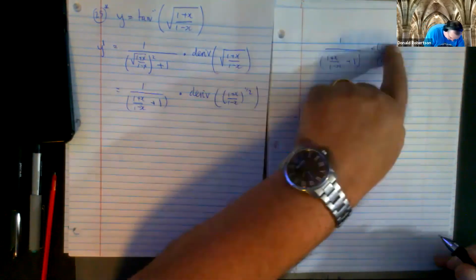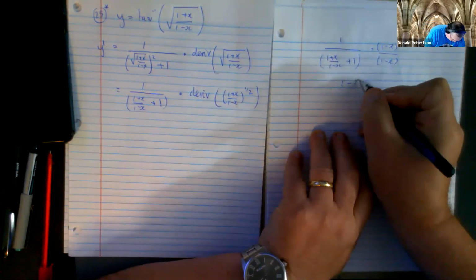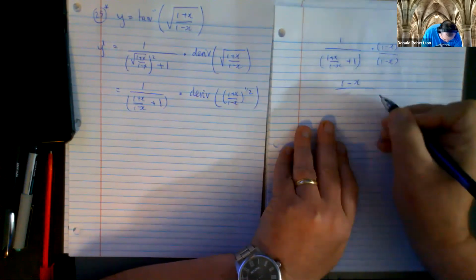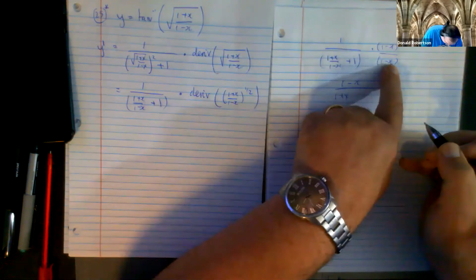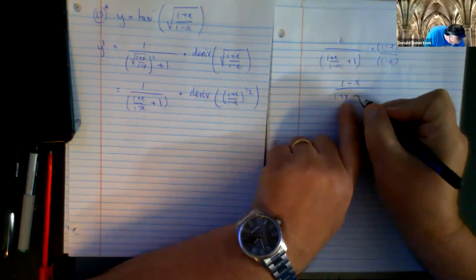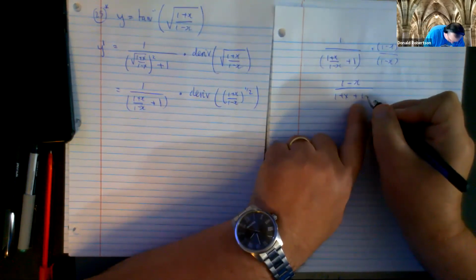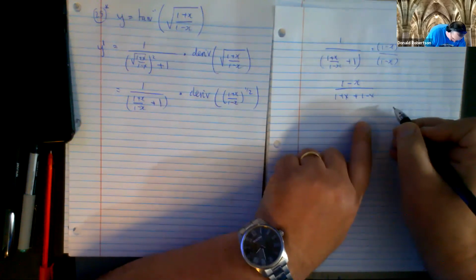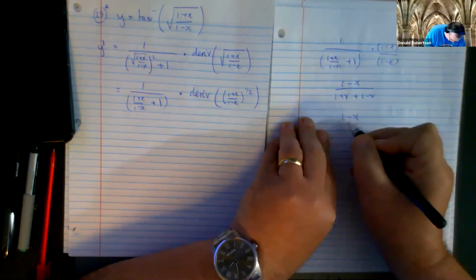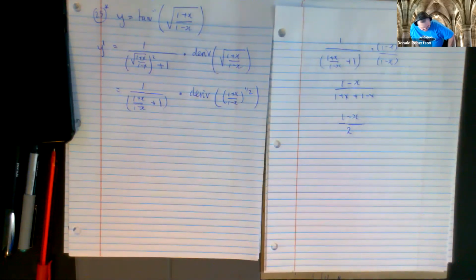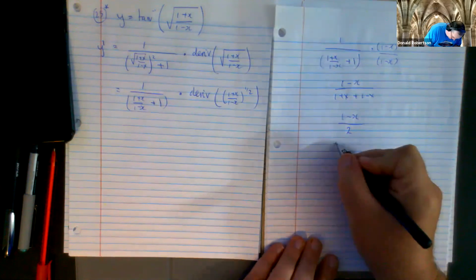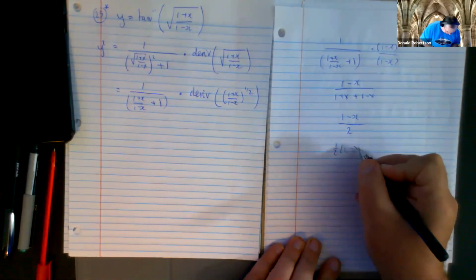So the top becomes 1 minus x. And this guy times this guy is 1 plus x. And this guy times this guy is plus 1 lots of 1 minus x. And this becomes 1 minus x. And almost like magic, this guy becomes 2. And that can be written like that.